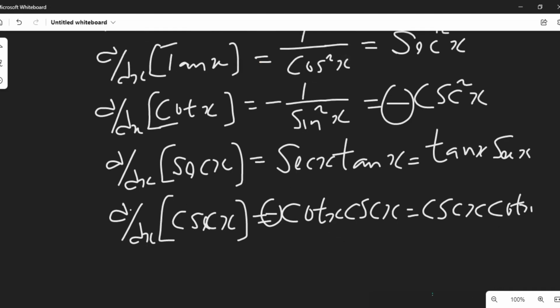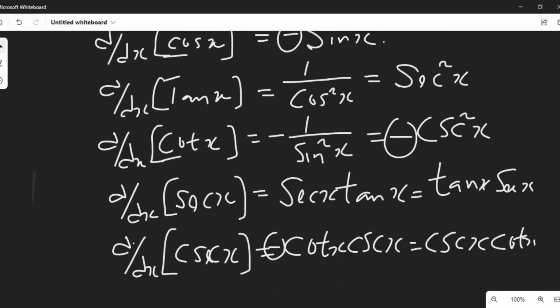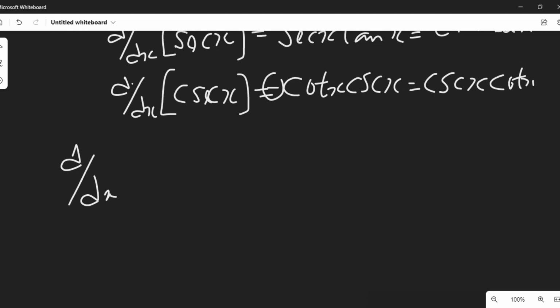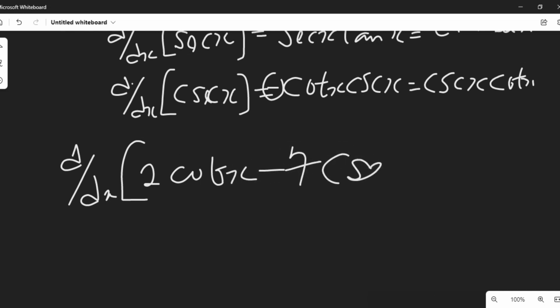And let's look at some examples on how to apply these various trig functions in solving questions. The first question: let's assume we are asked to find the derivative of 2 cot x minus 7 cosecant x.